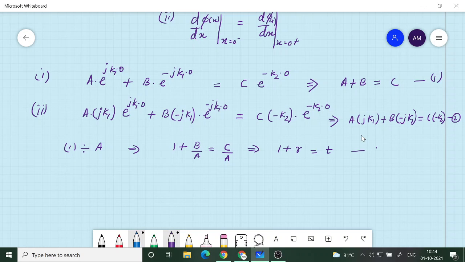So this is equation 3, and similarly I will divide equation 2 with a.